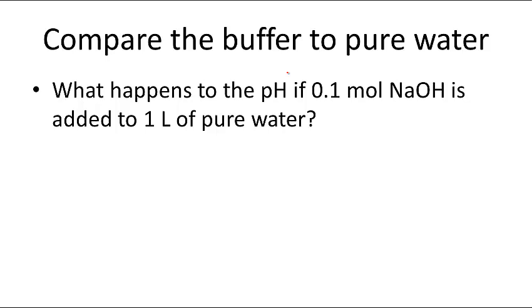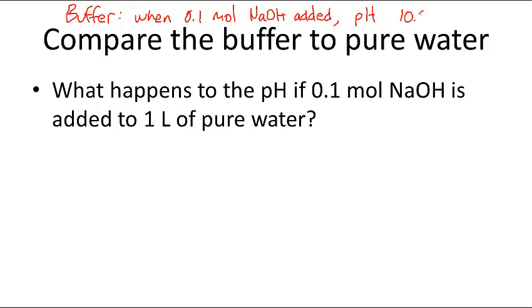So we want to compare the buffer to pure water. We said for the buffer, when 0.1 mole of NaOH is added, pH goes from 10.5 to 10.64. Okay.